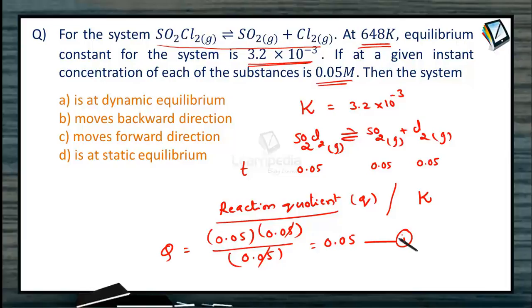Then how is it different from K? That is equilibrium constant K. This equilibrium constant K is the ratio of molar concentration of the products to the product of molar concentration of the reactants only at equilibrium. Got the difference between reaction quotient and equilibrium constant?